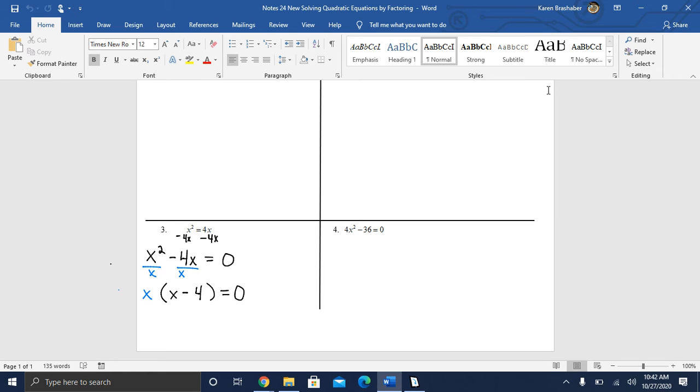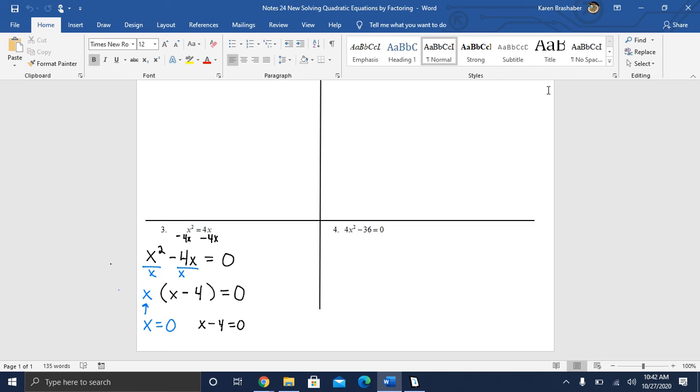Now, normally we have two parentheses. We don't have parentheses this time, but we do have two factors. The first one is this x. So I'm going to set x equal to 0, and there's nothing left to solve. That is one of my answers. And then I'll do my parentheses, x minus 4 equals 0.